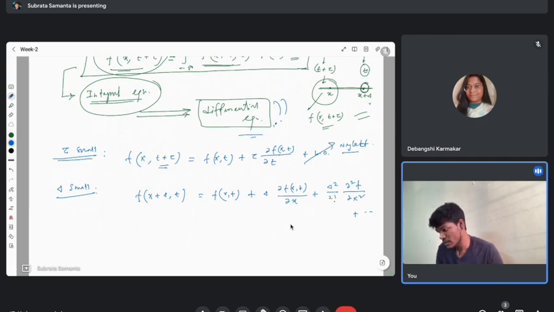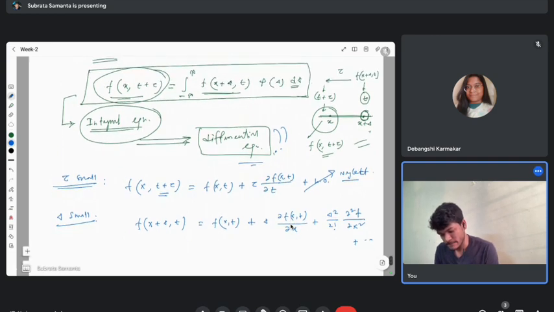Now putting these equations into this one.